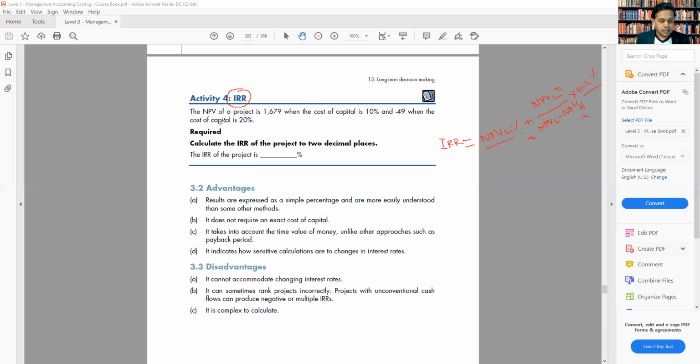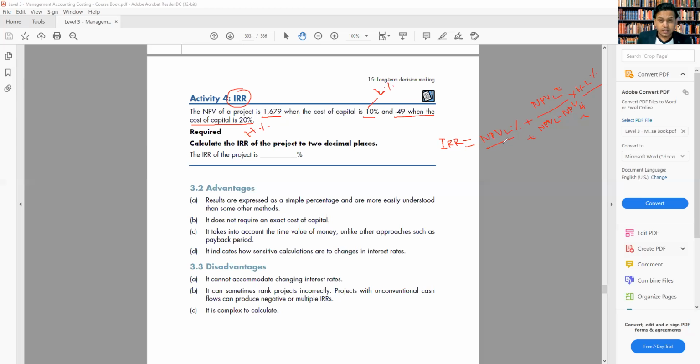It says the NPV of a project is 1679 when the cost of capital is 10% and 49 when the cost of capital is 20%. So what do you understand from here? The lower percentage is 10% and the higher percentage is 20%.